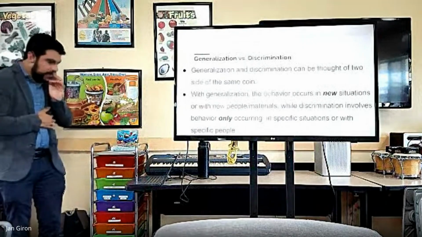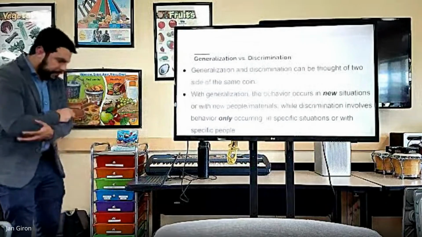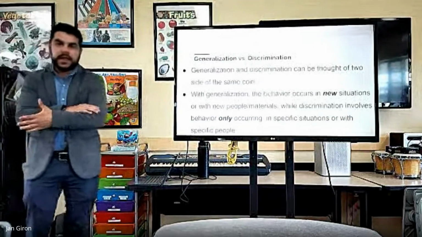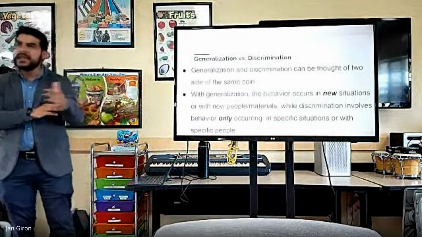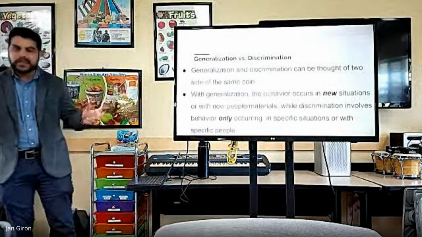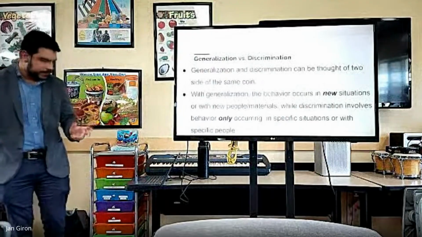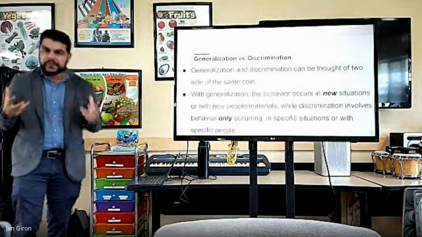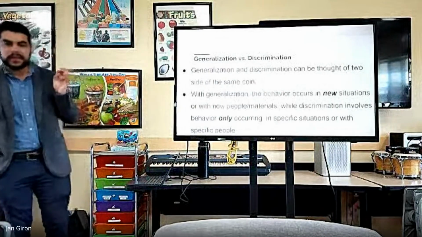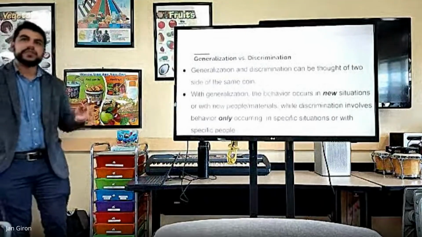We'll talk more about discrimination a little bit later, but the way that I like to think of any type of behavior, any type of responding, is on the spectrum between discrimination and generalization. You can think of them as being two sides of the same coin. So the main thing to take away for now is generalization.